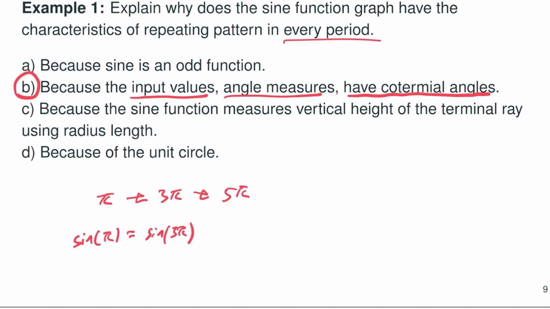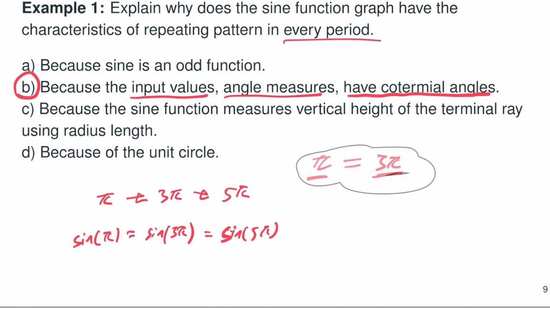They have the same output. Also for 5 pi. But we absolutely do not say pi equals 3 pi. That just doesn't make sense, right? Pi is about 3.14, and 3 pi would be about 9 point something. So they're not the same number. They're coterminal angles in terms of angle measure.